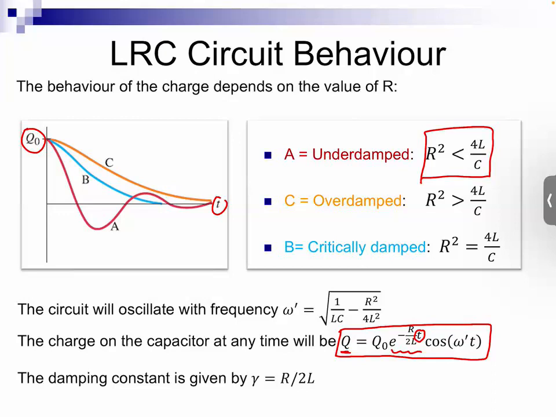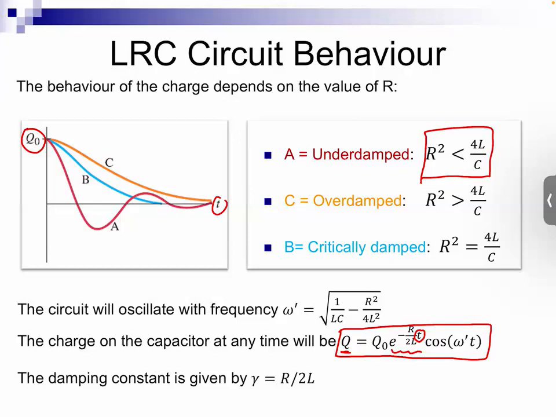Right. The frequency of oscillation we can see for this underdamped case is defined by this equation here. Okay, and I think for this course, up to the level of understanding what's happening to the energy between the capacitor and inductor in the presence of the resistor is sufficient.